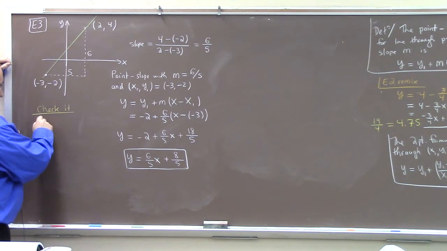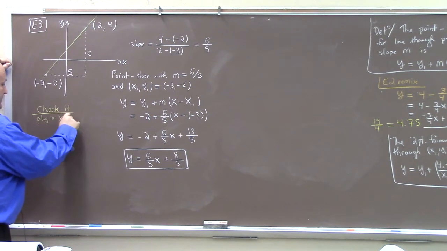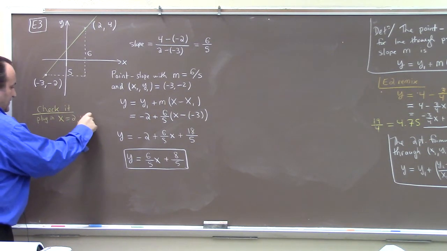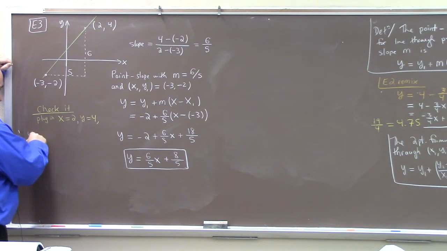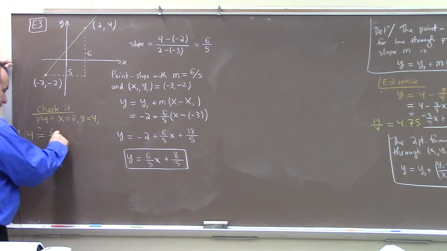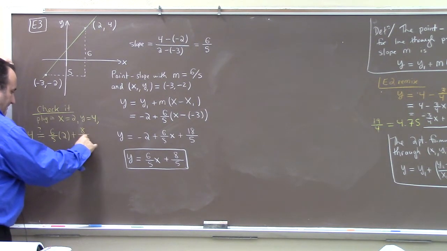So plug in (2, 4). x equals 2, y equals 4. Does it work? So we've got, is 4 equal to, question mark, 6/5 times 2 plus 8/5.